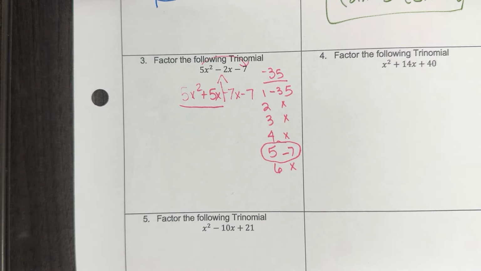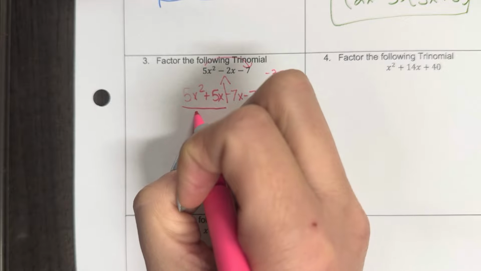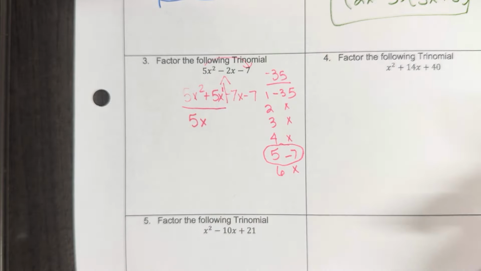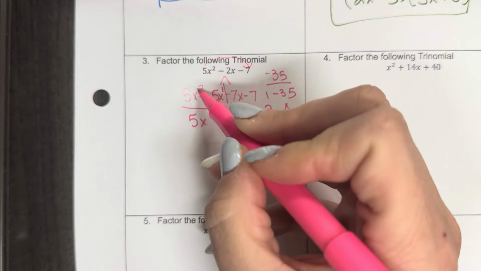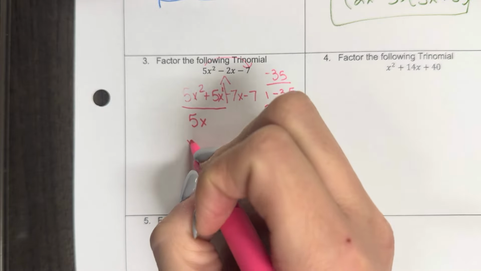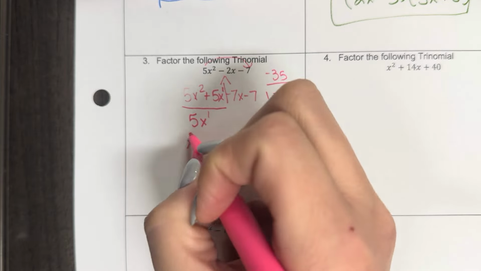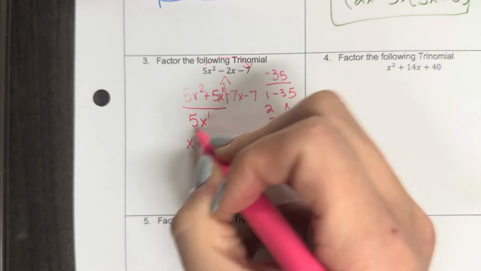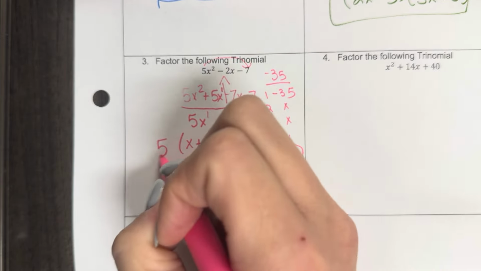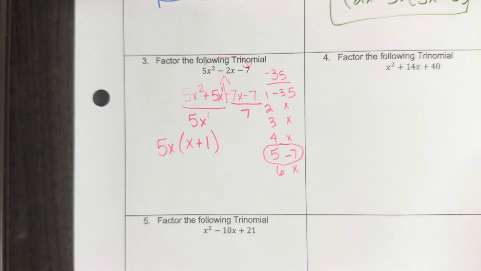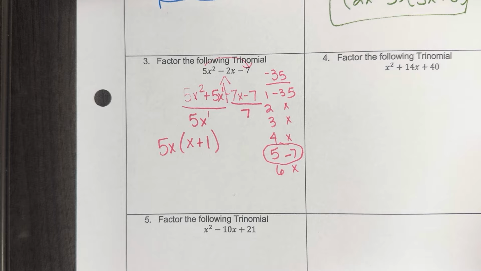So the largest number that goes into 5 and 5 is 5. They both have the x, so I'm taking the smaller exponent. So 5 divided by 5 is 1. X squared, I subtract exponents, there was 2, I'm taking away 1, which leaves me with 1. 5 divided by 5 is 1, and those x's canceled. Over here on this right-hand side, the largest number that goes into 7 and 7 is 7.